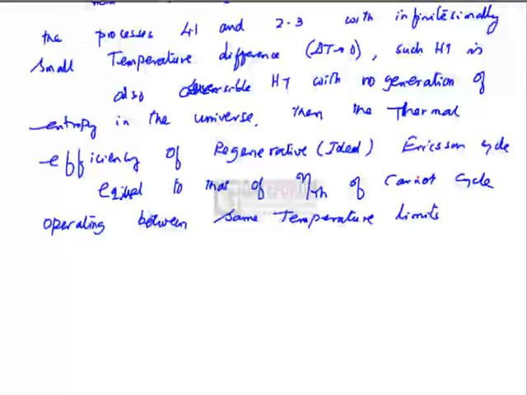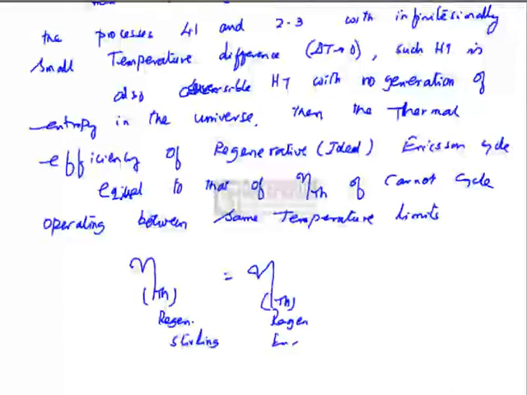So I can write that in the bottom line, thermal efficiency of the regenerative Stirling cycle is equal to thermal efficiency of regenerative Ericsson cycle is equal to thermal efficiency of Carnot cycle. All the three cycles can be thought of as reversible cycles. All the reversible cycles will have same thermal efficiency when operating between same temperature limits.